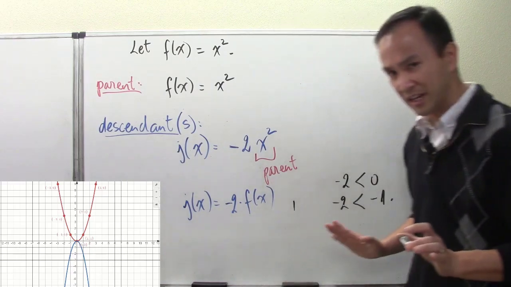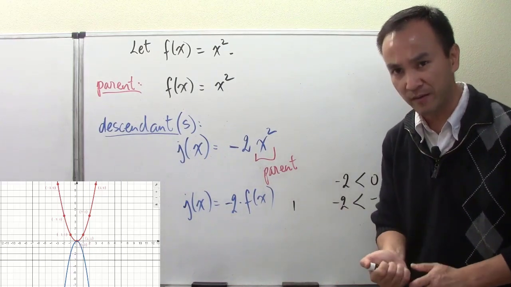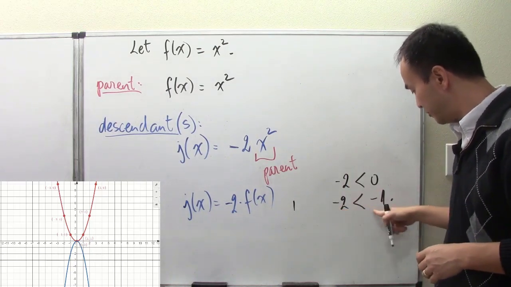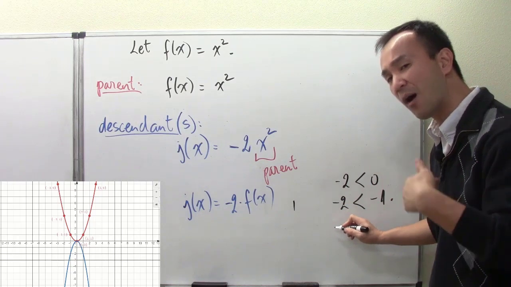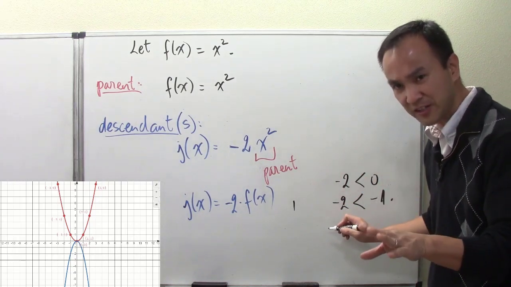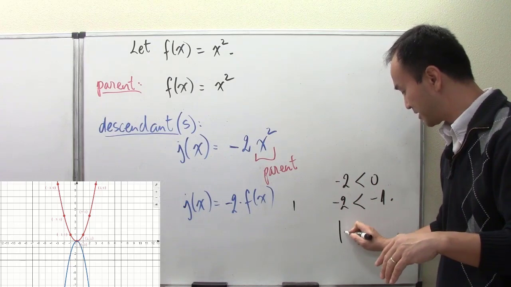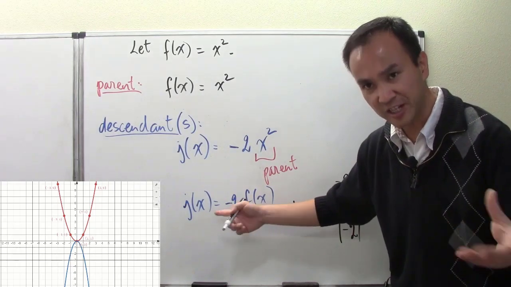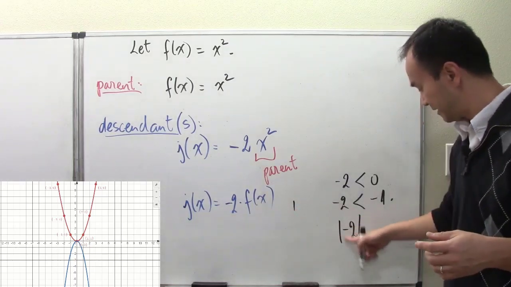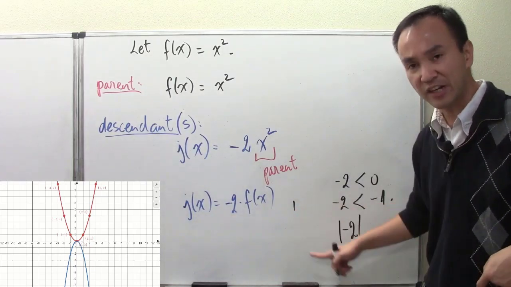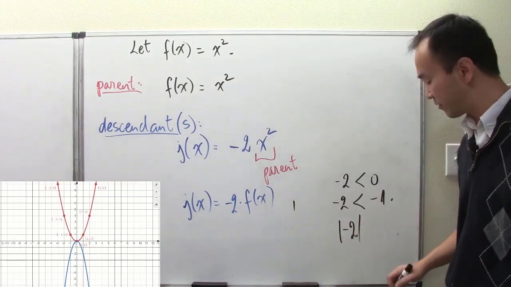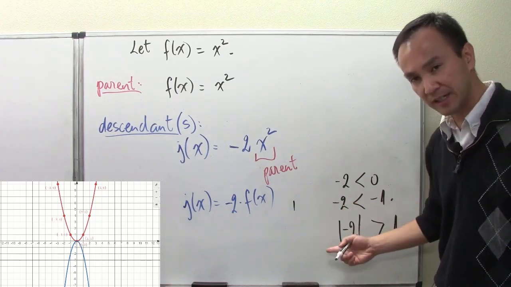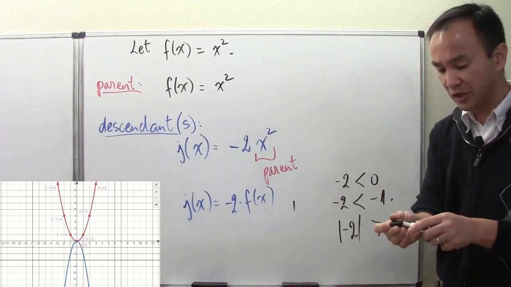Another way I want to drive your attention to understanding this: the actual coefficient is -2, but as an actual scaling, we put that in absolute value, and it's greater than 1. Because the absolute value of -2 is +2, it's greater than 1. Okay, what does that do right here?